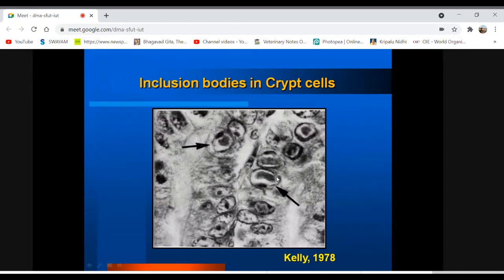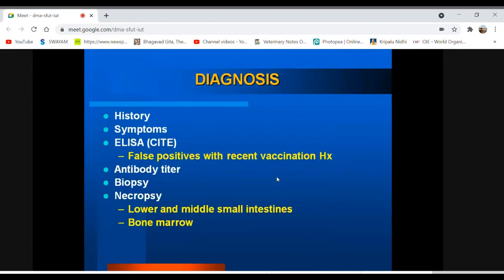Then finally, diagnosis is based on the clinical history, and the clinical signs and symptoms. You can go for detection of viral antigen and antibody by serological techniques like ELISA, where false positives with recent vaccination may occur. If the vaccine has been given recently, some false positive cases may be there, right?